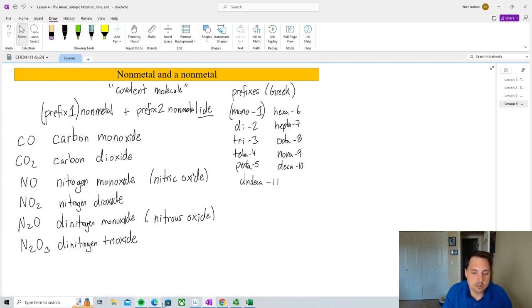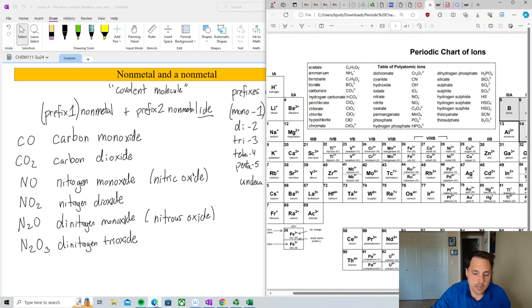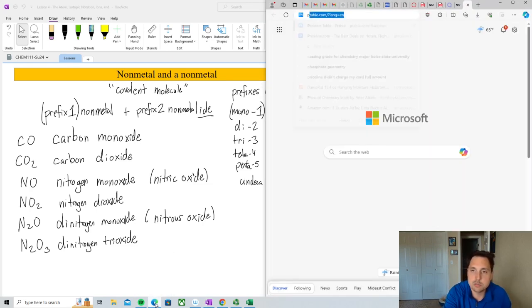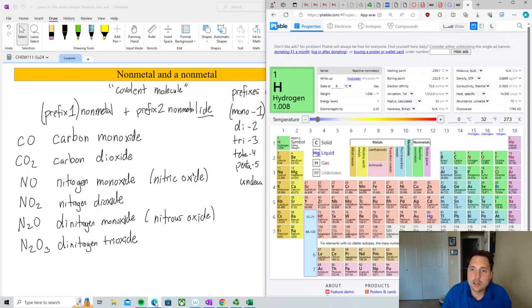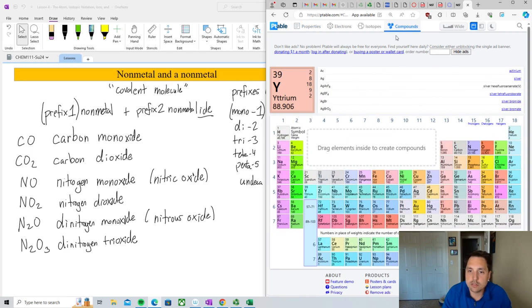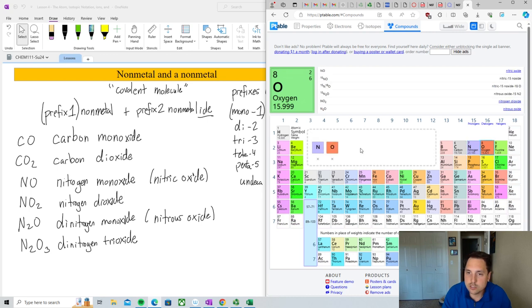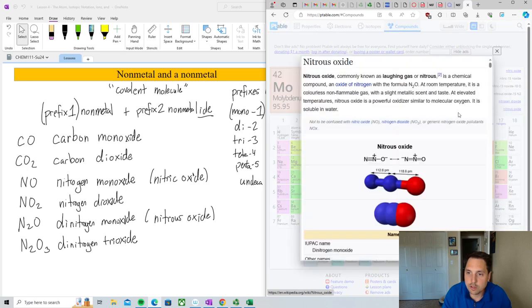There's another website that's really good for learning how to name compounds. It's ptable.com, and you can go and look at compounds here, and then you can play around. You can drag these in here, say nitrogen, oxygen compounds, and find the names for them. So nitrogen dioxide, NO2, N2O, see it has nitrous oxide listed, the common name. If we click though, we'll see, oh, I got it mixed up.